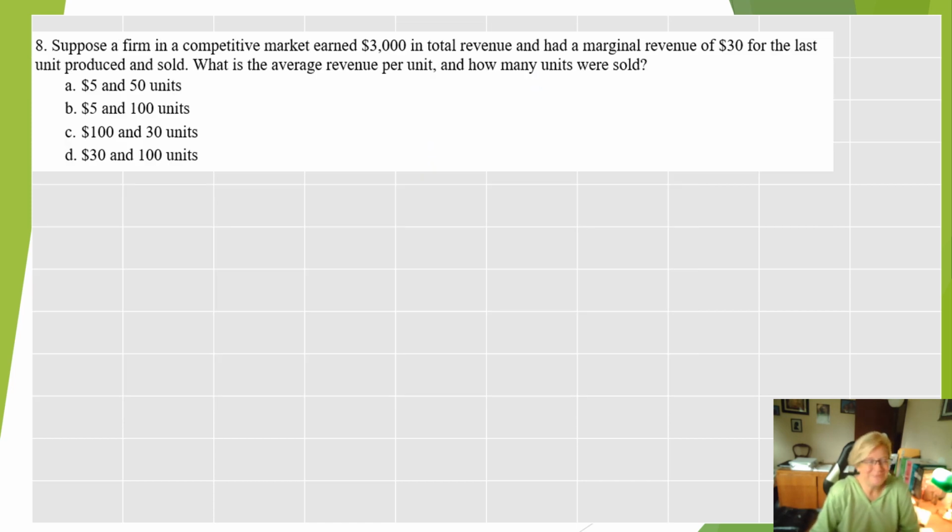Our 8th question says, suppose a firm in a perfectly competitive market earned $3,000 in total revenue and had a marginal revenue of $30 for the last unit produced and sold. What is the average revenue per unit and how many units were sold? Okay, so we know total revenue is equal to price times quantity.